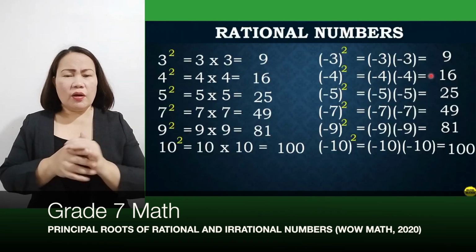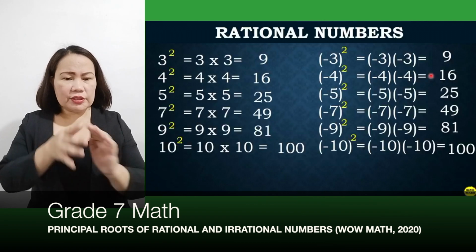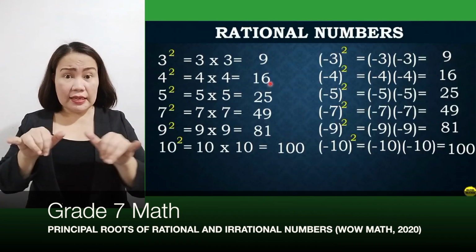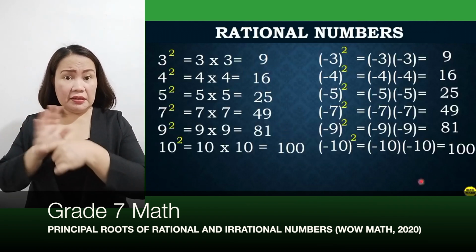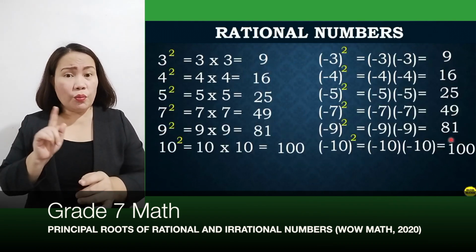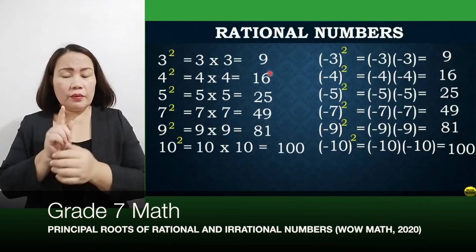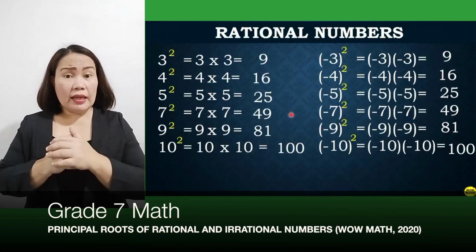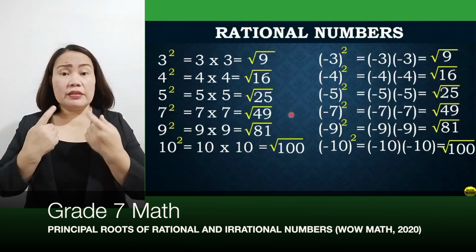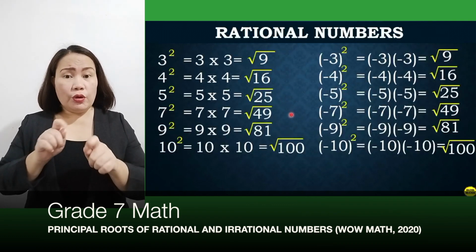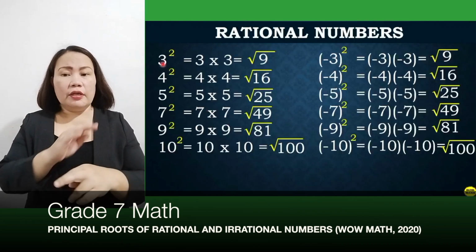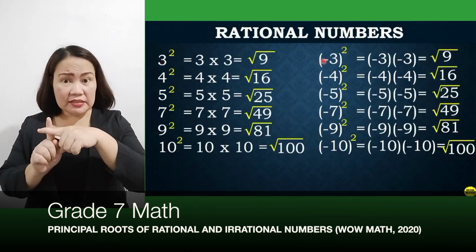Now, what have you noticed? Anong napansin ninyo? Okay? We got the same product. Okay, pareho nating nakuha itong numbers na to. So, anong ibig sabihin nitong mga to? Bakit sila pareho? So, ibig sabihin, if we will try to get the square root of these numbers, therefore, ang answer natin ay pwedeng positive 3 or negative 3.